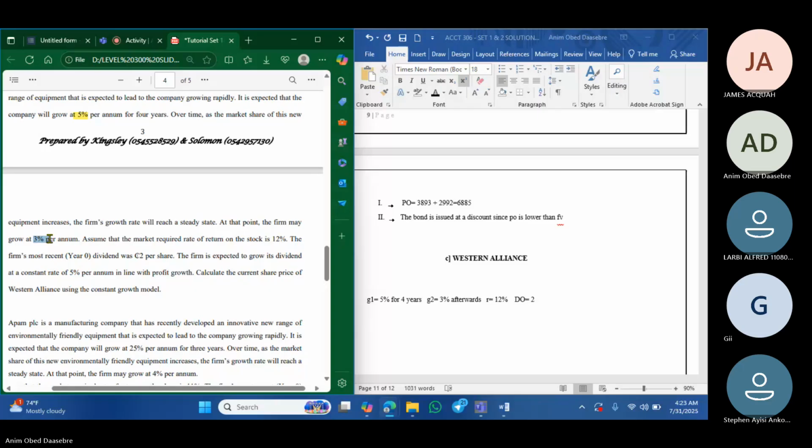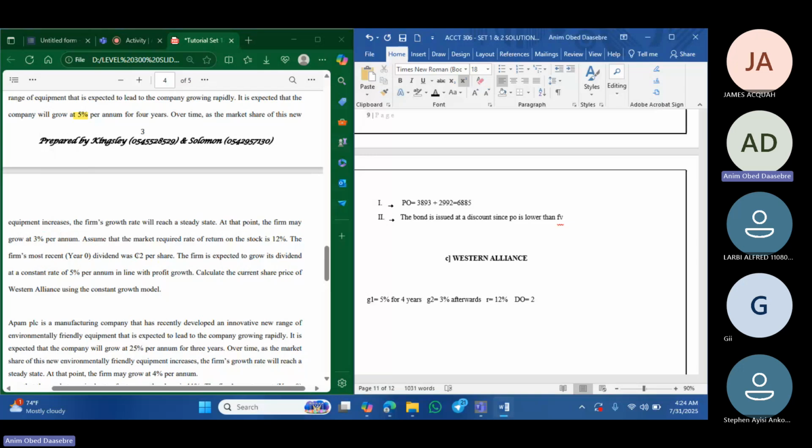Then you find the present value of the perpetuity dividends at the end of the fourth year. Then you also discount all of that to present.